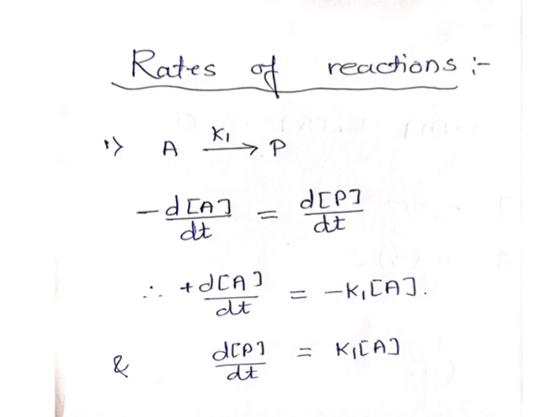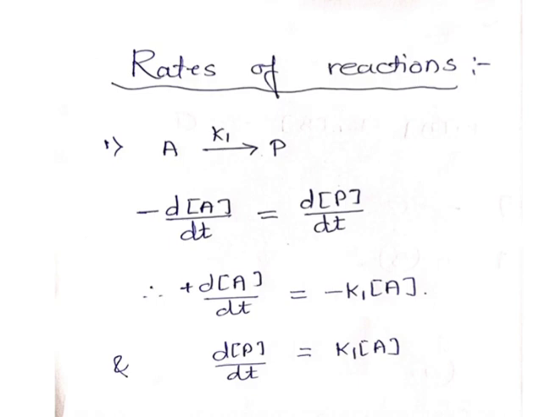Decreasing concentration means there is a minus. Suppose 20% product is formed from reactant A, then the concentration of A will be 80% and product is 20%. That means the concentration of A goes on decreasing while the amount of product goes on increasing.